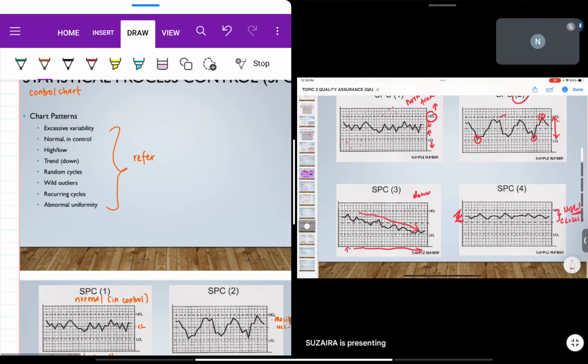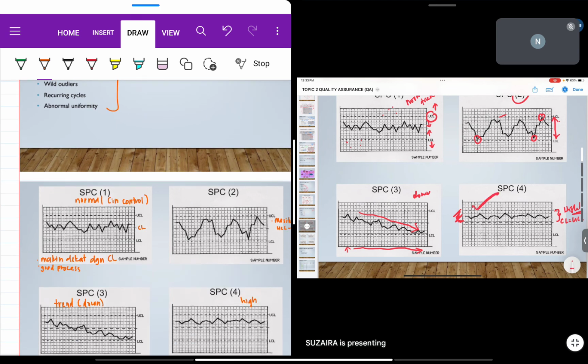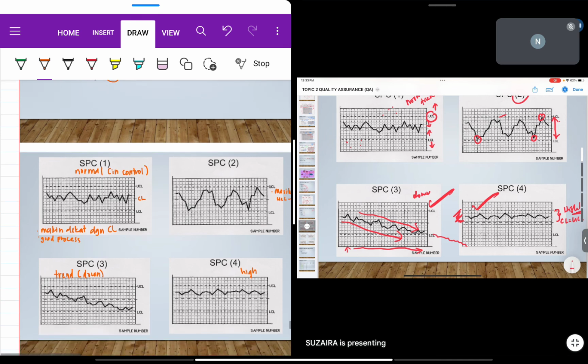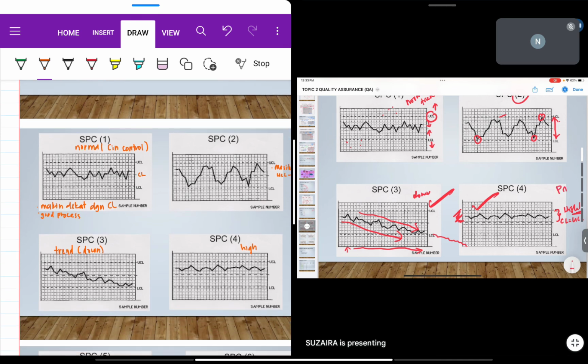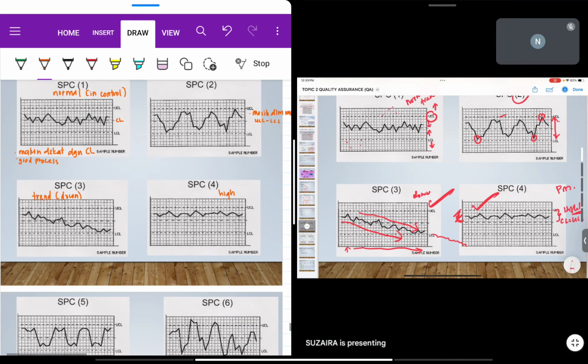And then if you have these kinds of trend, similar, yeah? This kind of trend, because this one is going down, and then it might probably go down below the LCL after this. Okay, so there must be a PM that you need to come up with.